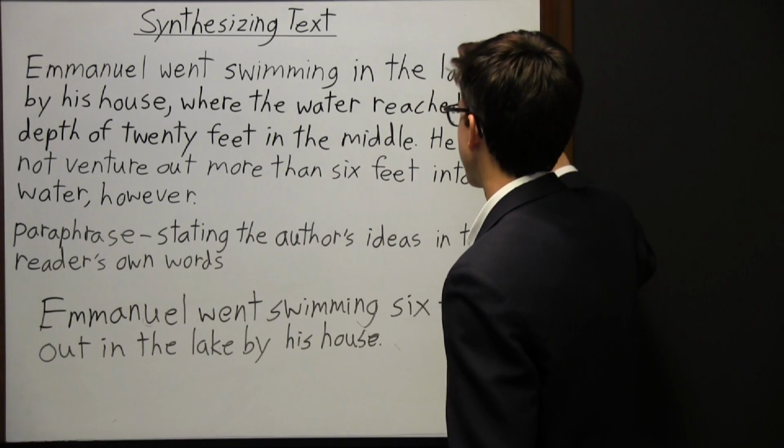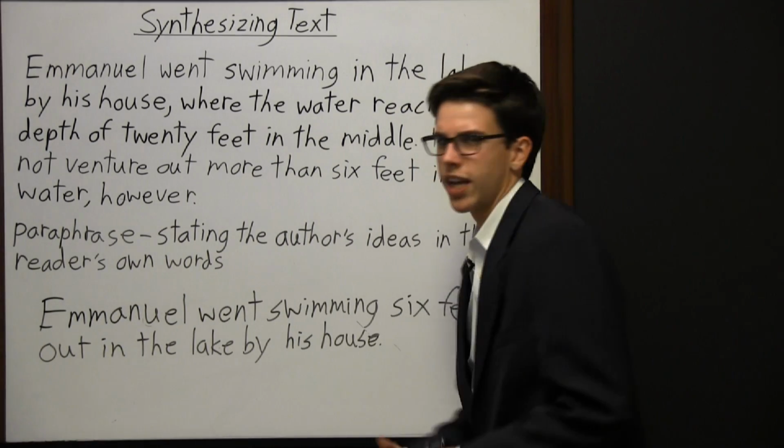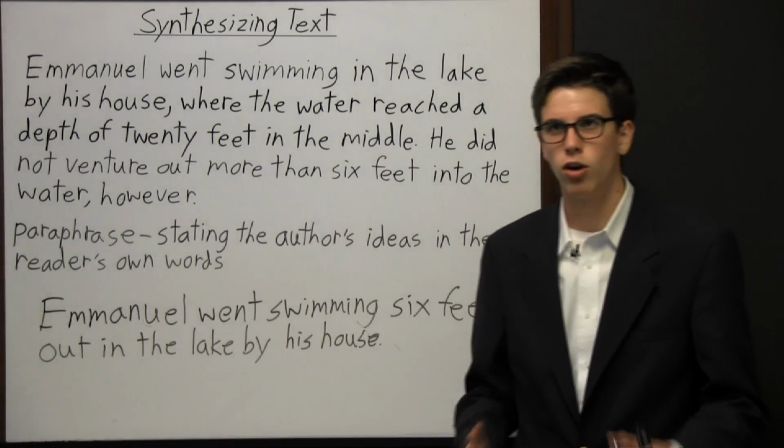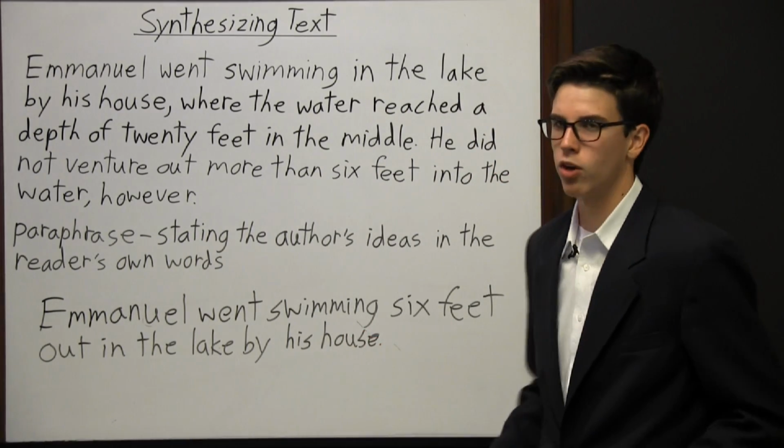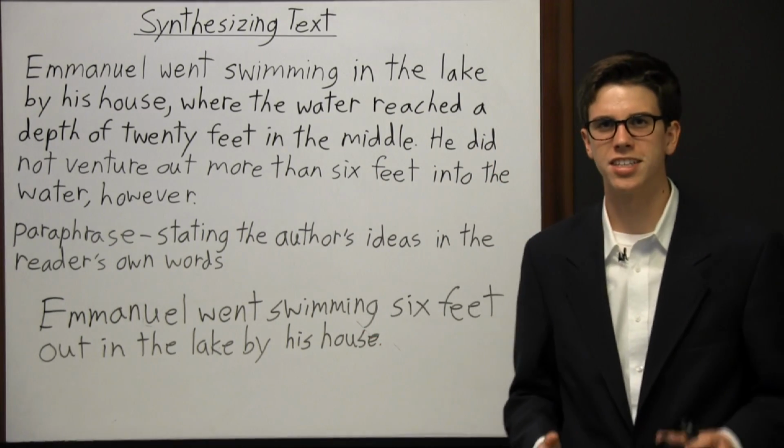So that's a paraphrase of this up here. We're just taking the main points, taking those points and expressing them in our own words. And so this right here incorporates the main points that the audience needs to know.